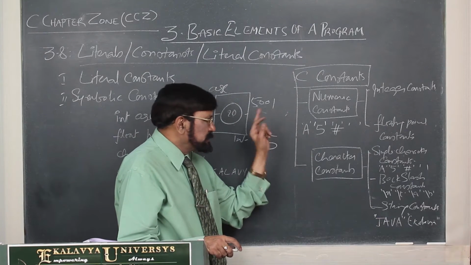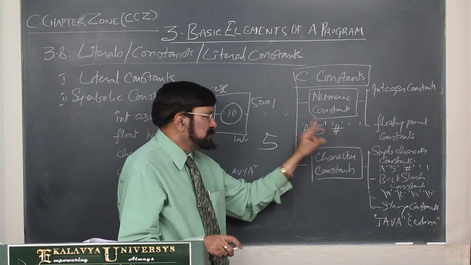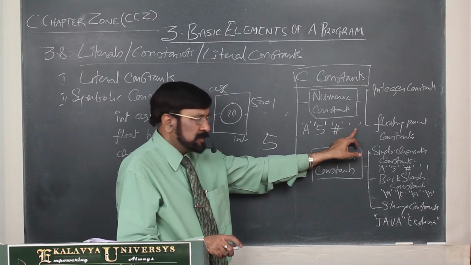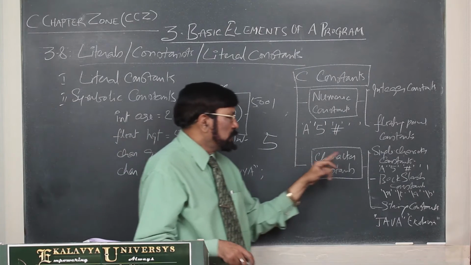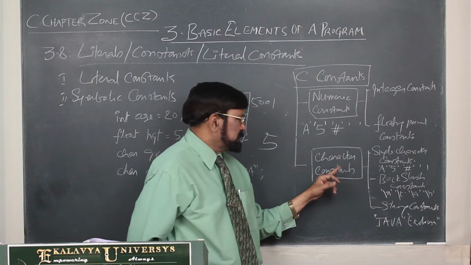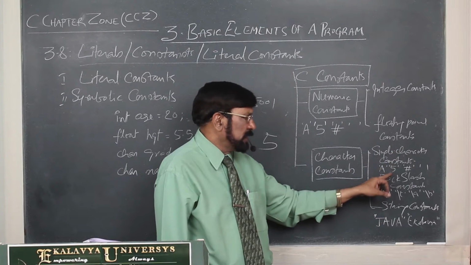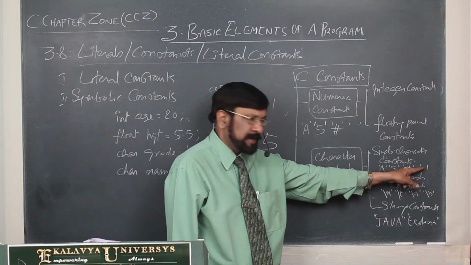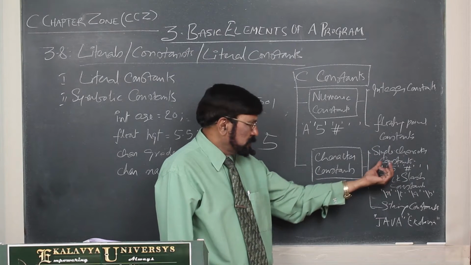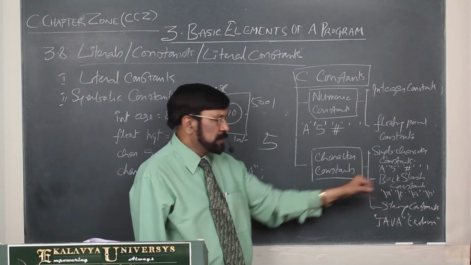So this is a symbol, this is the hash symbol, this is the blank space symbol. So character constants can be classified into single character constants, and every time we have to take a single character and enclose it with a pair of single quotes.